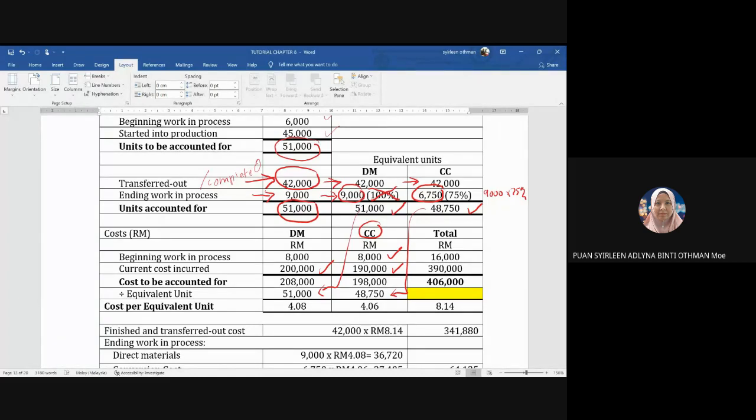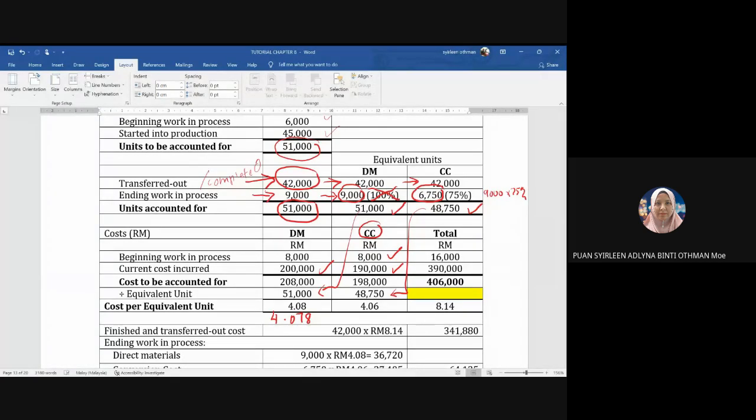Okay, so kita bahagikan dengan equivalent unit. Alright, so kalau you bahagi dengan equivalent unit dekat sini, 208. Okay, bila saya bahagi dengan 51,000, okay, dalam calculator tu you akan dapat 4.078. So kita ambil 4.08. Okay.